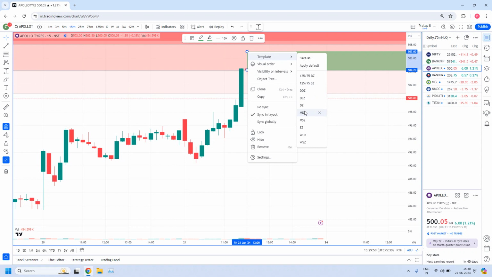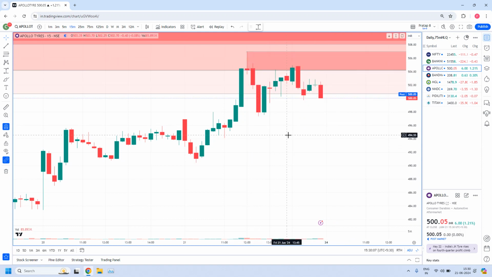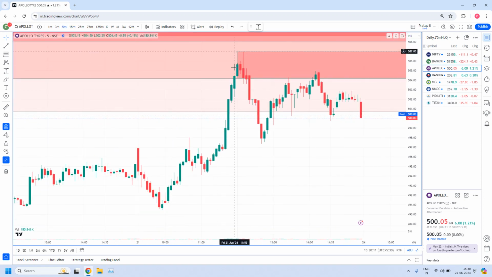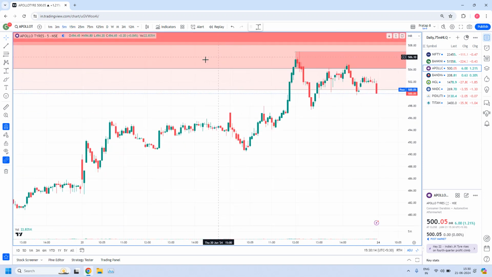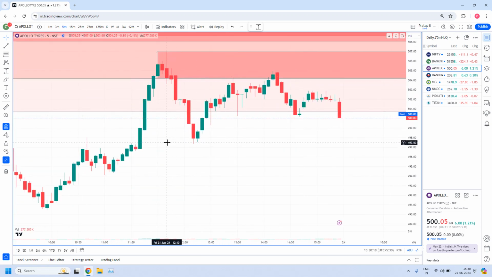This is the dynamic zone. This is the 15-minute zone fine-tuned with a 5-minute zone, and this 15-minute zone is created today in the 75 minutes fine-tuned area. So it's a valid zone.